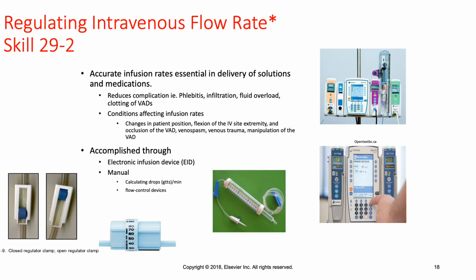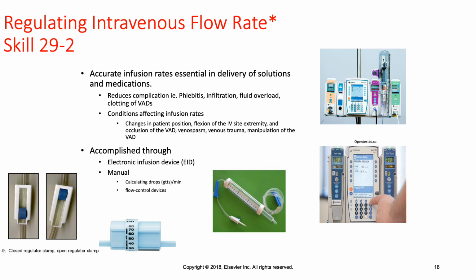It is set in milliliters per hour, so the numbers that you see are actual milliliters per hour. The accuracy of this type of device is similar to that of a roller clamp. I've only really seen this used in nursing homes and settings that are outside of the hospital that might not have a pump available.